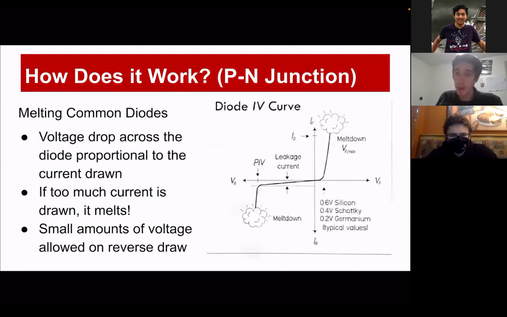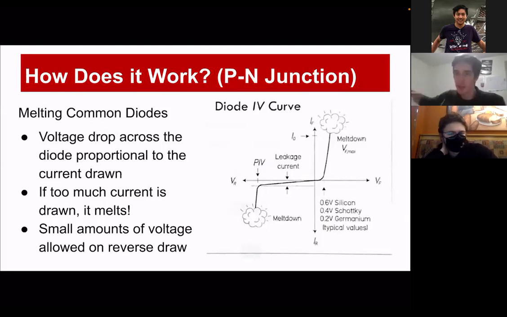So how do we melt common diodes? This is always a good question whenever we go to a new component: how do we destroy it? The way that we destroy a diode is by putting way too much current through it. Diodes always have a voltage drop across the anode to cathode, and that drop is proportional to the current draw.